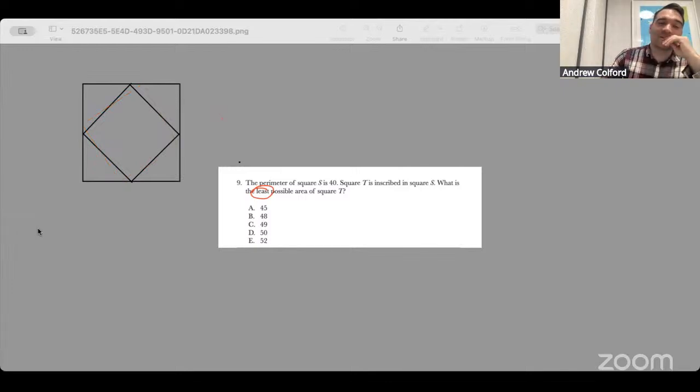And I don't even know if I would call this a rule, but we can make it a rule here. The area of an inscribed square is minimized in the middle of another square.